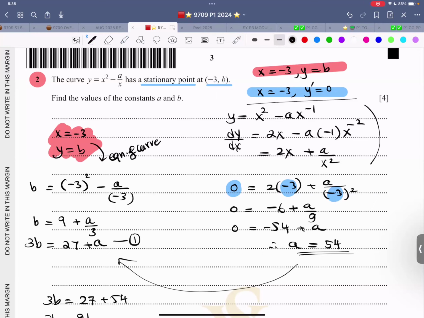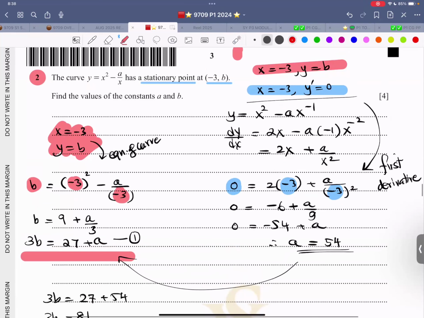This goes in first derivative. So be very, very clear what belongs where. So over here, you write y as b, you write x as negative 3. Let me highlight it further. So y is b, this is negative 3, this is negative 3, and you have this first equation over here. Similarly, you differentiate it.